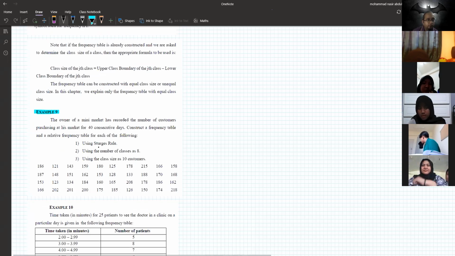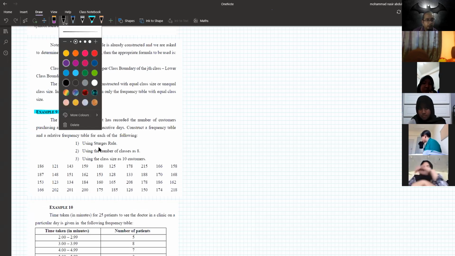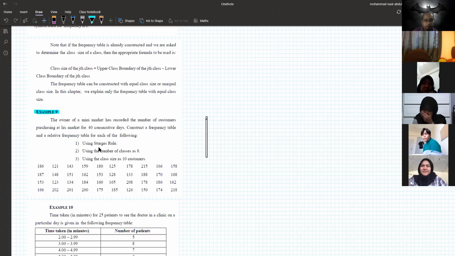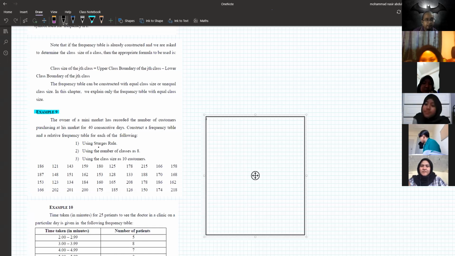So here we're going to plan how to calculate. We want to construct a frequency table. So let's say I draw a box to indicate the frequency table, right?